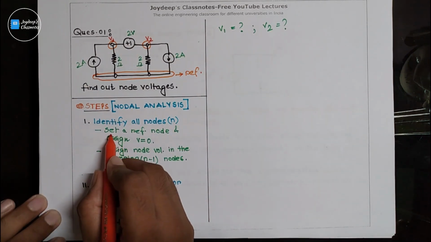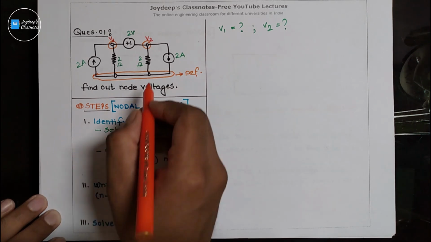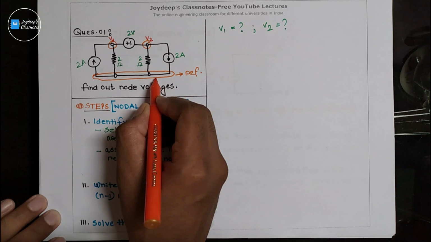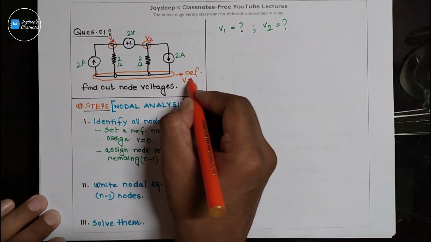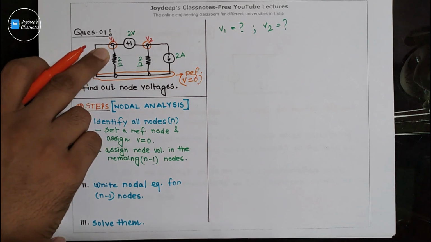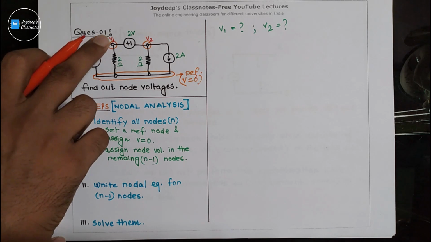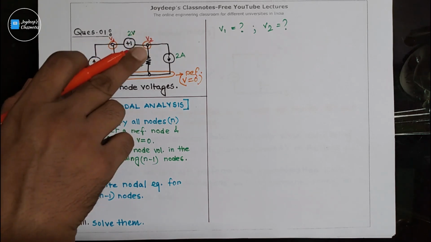Now it says set a reference node and assign V equals 0. Since we have set this as a reference node, we'll assume its node voltage to be 0, and for the non-reference nodes we assume node voltages V1 for this node and V2 for this node.